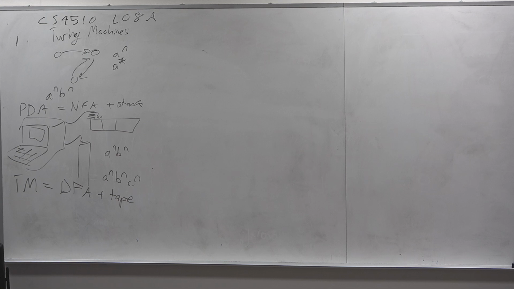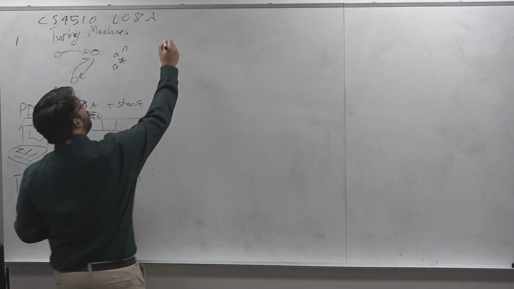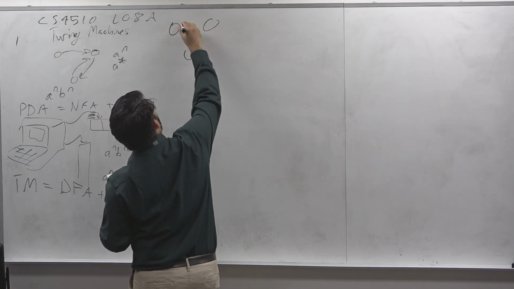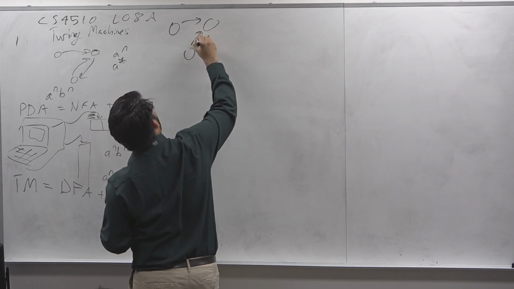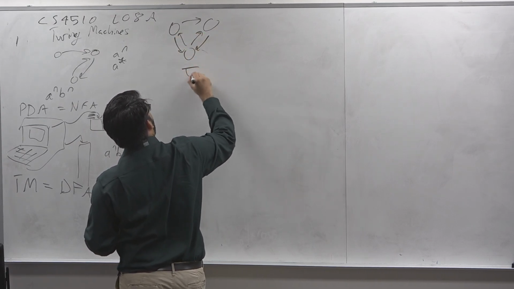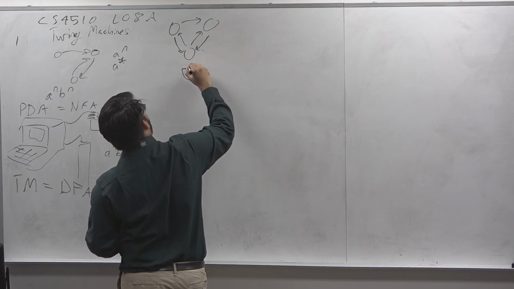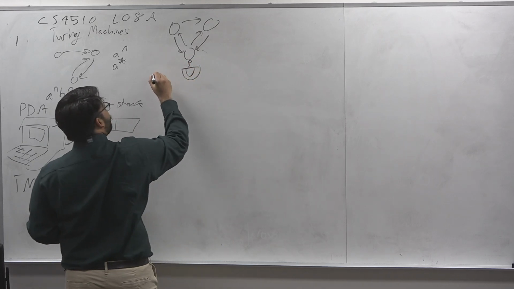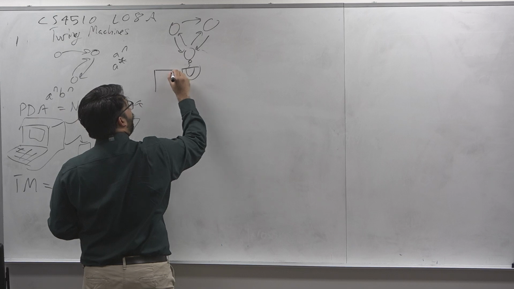And were I to draw a picture of a Turing machine for you, it would look like this. Something like this. And then there is what's called the tape head, which is basically a giant paperclip. And then there is something called the tape.